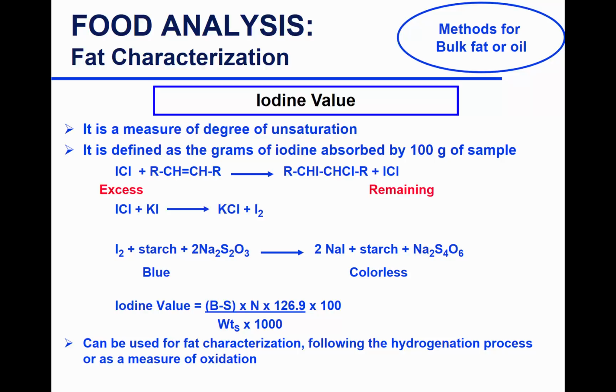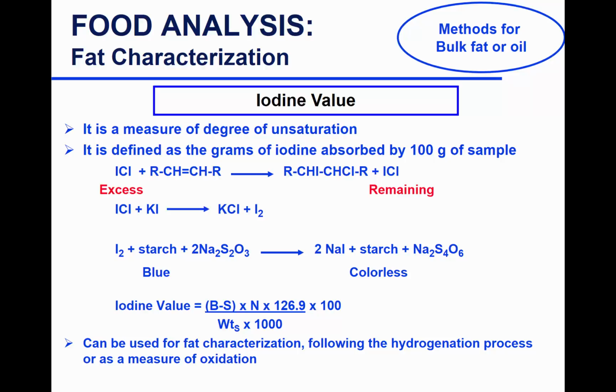So you will have your oil. You might have double bonds, mono or polyunsaturated fatty acids in your oil, or you may have a very limited amount of those. The principle of the method is you mix it with excess iodine chloride, and the double bonds will take up iodine, and you will have a remaining iodine chloride.